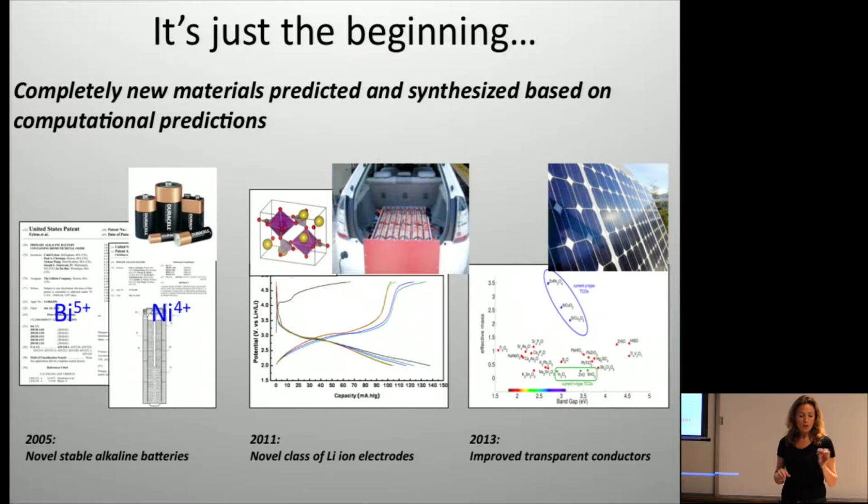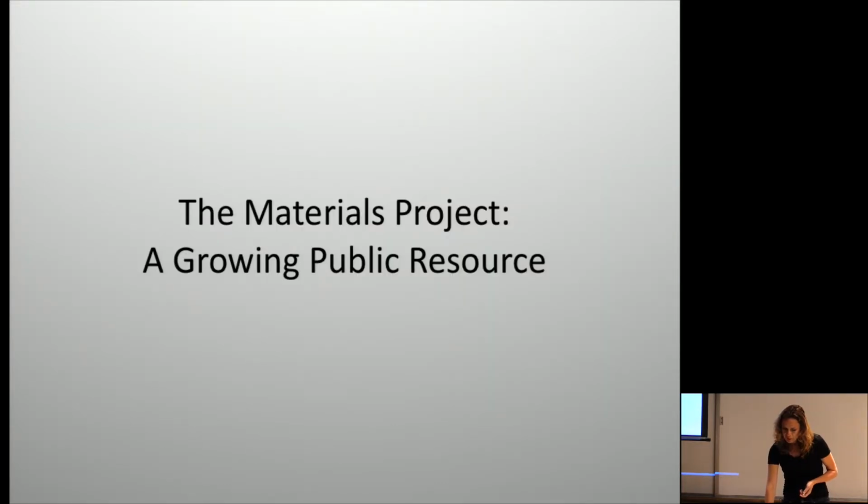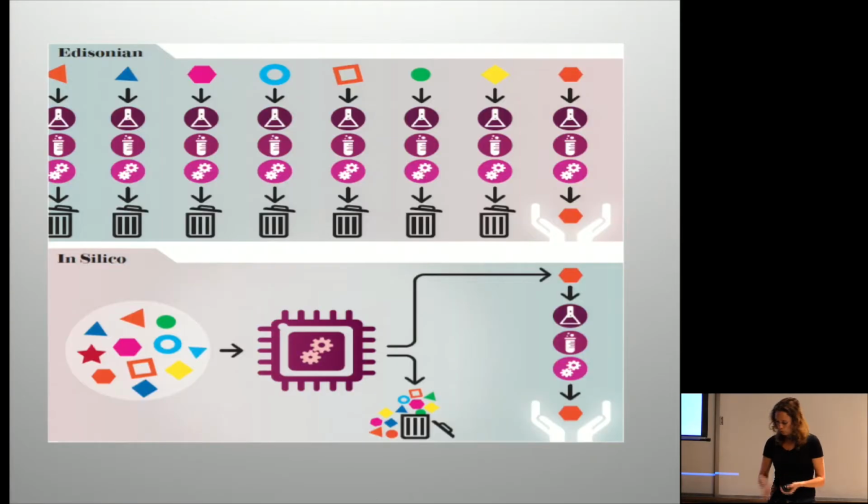This approach of screening materials for whatever properties that you can calculate can be important for many different kinds of applications. So now I'll talk about the Materials Project, which is a publicly growing resource, and it's freely available. It's in the spirit of let's try to disseminate as much as we can of the kind of materials data that we produce anyway.